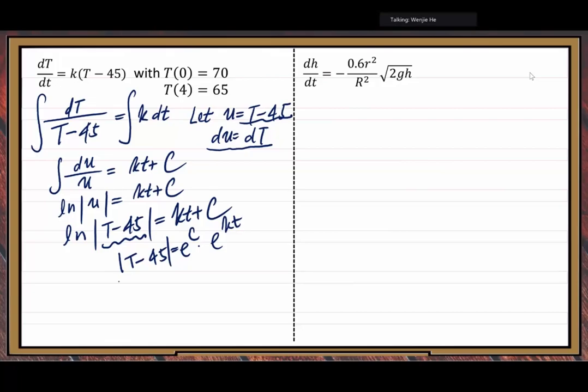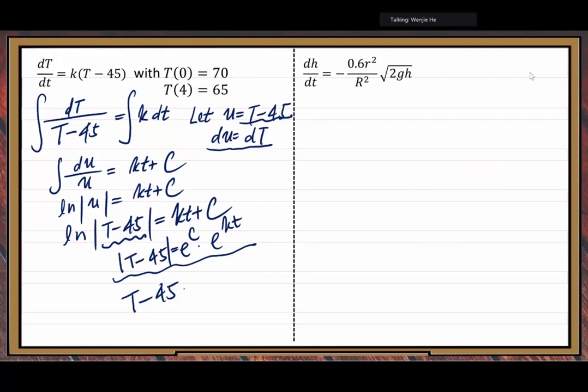Now I need to remove the absolute value. When I remove it, I may have a positive case or a negative case, two possible cases. I want to write an expression that can cover both cases. So T minus 45, the absolute value sign is gone.